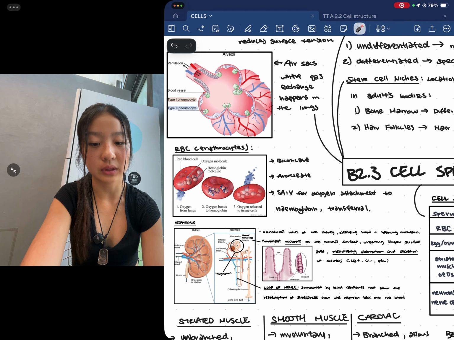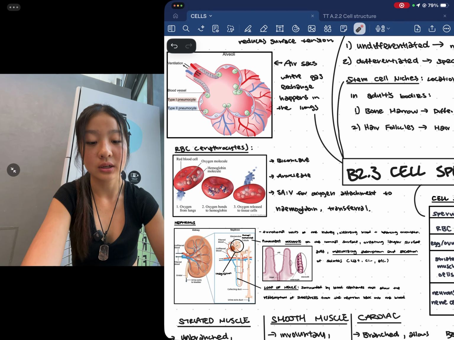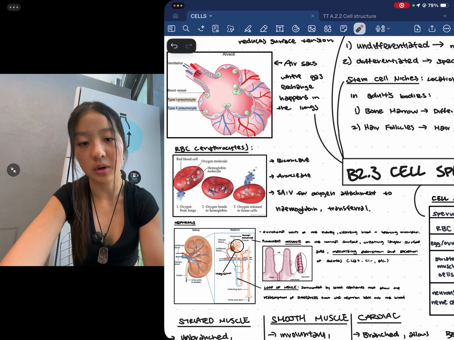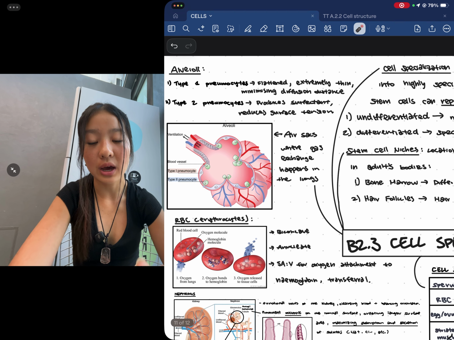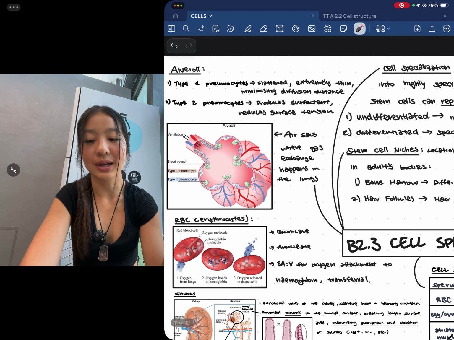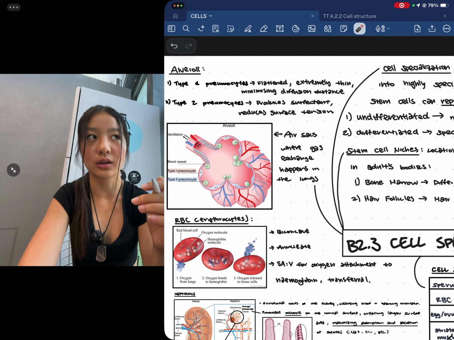So the shape of it is really flattened, and that allows the surface area to be maximized for more oxygen molecules to attach on.